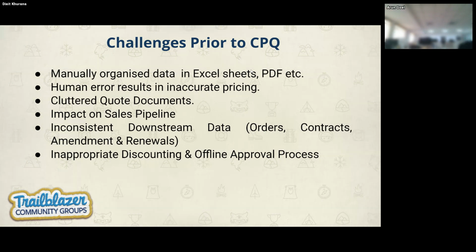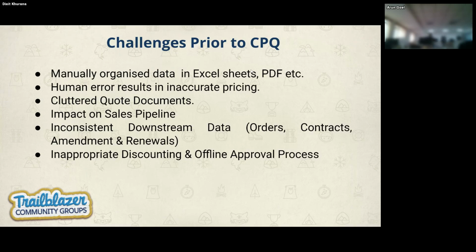If you know the sales cycle, once you are ready with your quotation, what we used to do is prepare a document for the customer signature. So the data about products and pricing were maintained in Excel sheets or PDFs.